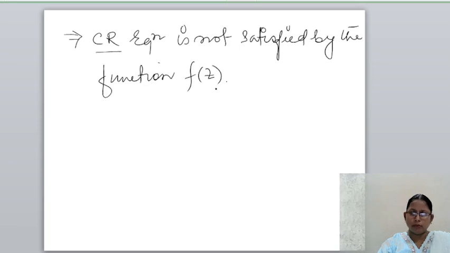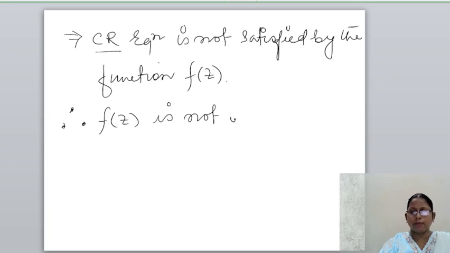It is a necessary condition for a function to be analytic. Therefore, f(z) is not analytic.